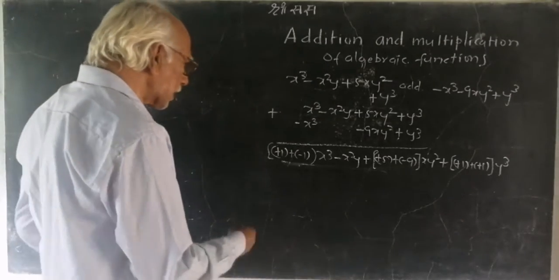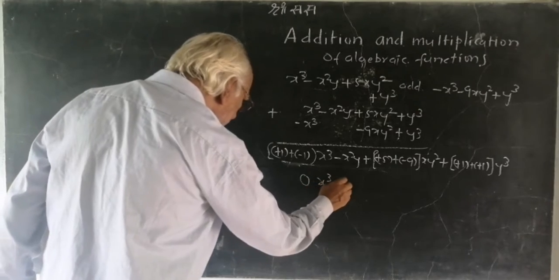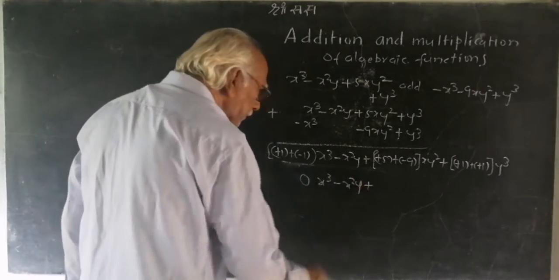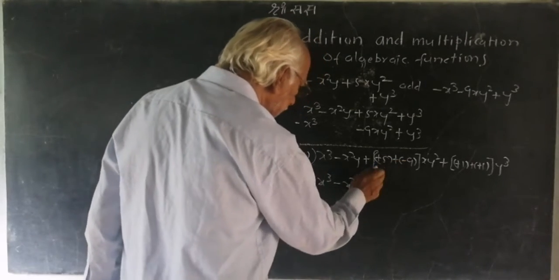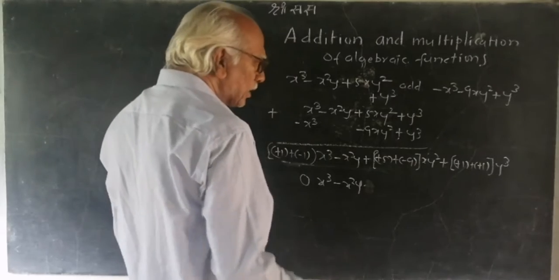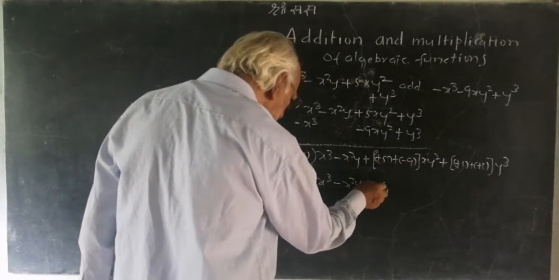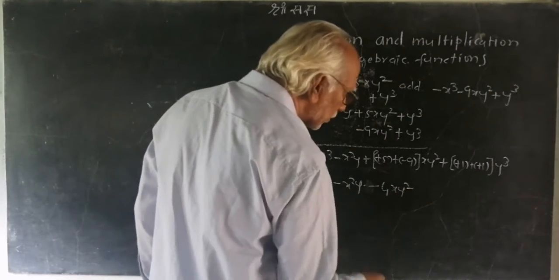So, if you simplify, plus 1 minus 1 is 0, that is 0x cube, and minus x square y. Then see here, plus 5 minus 9, they carry opposite signs, hence taking the difference 4, the bigger number carries the minus sign. So this will be minus 4xy square.